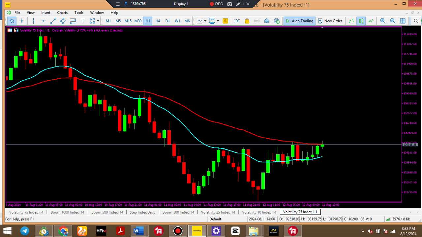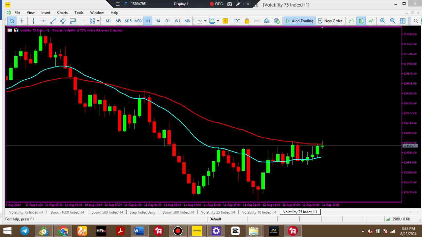When you're using moving average, it is usually the crossover that you use. So they'll tell you when this blue line crosses the red line downward, you should take your sell, and when this blue line crosses the red line upward, you should take your buy.